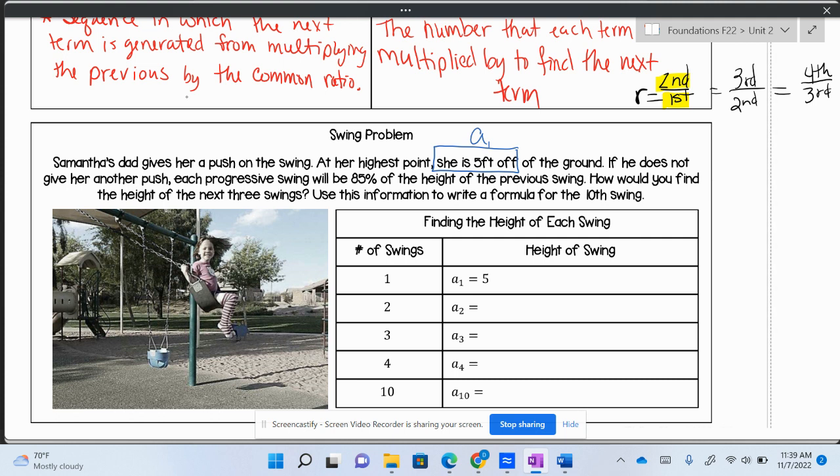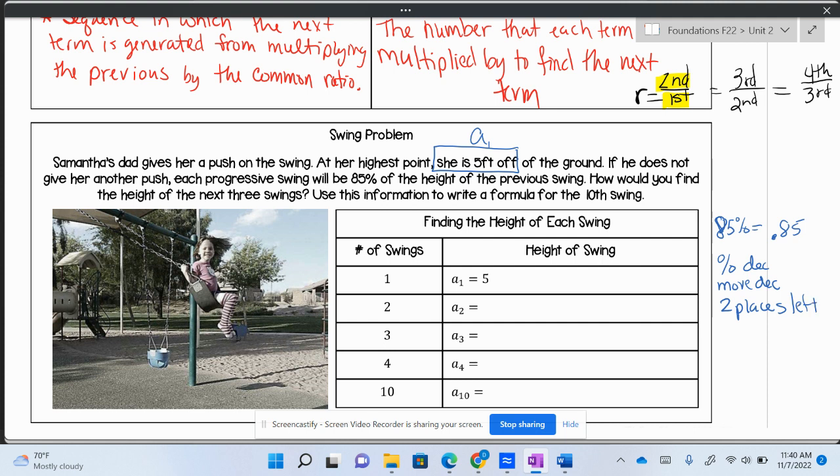So here's what I want to do first of all. I need to turn 85% into a decimal. It would be 0.85, yes. To go from a percent to a decimal, you move the decimal 2 places to the left.